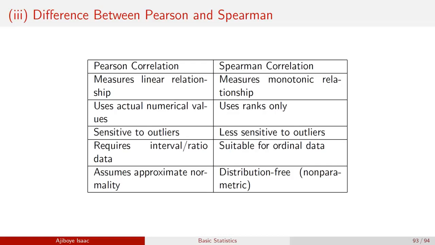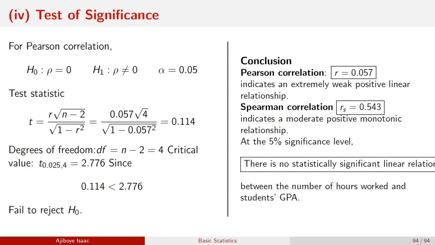Pearson requires interval and ratio data, whereas Spearman does not and is very suitable for ordinal data. Pearson also assumes approximate normality, and Spearman is distribution free and non-parametric.